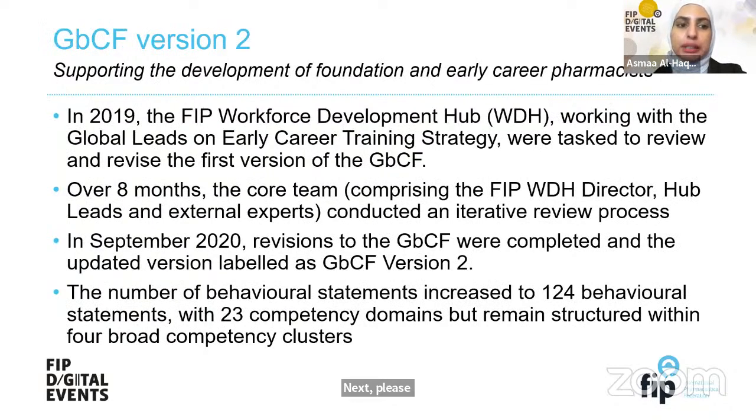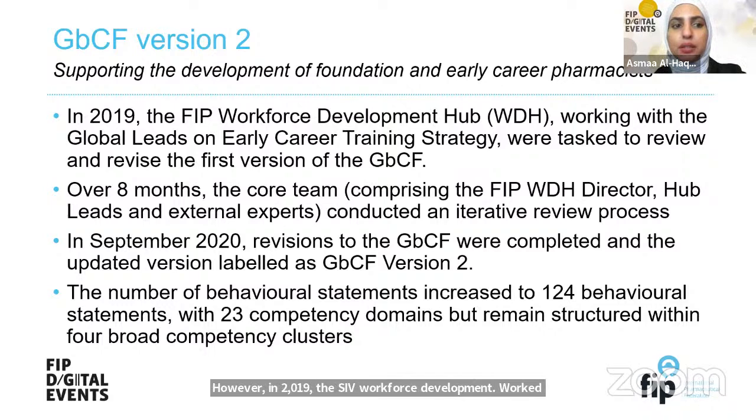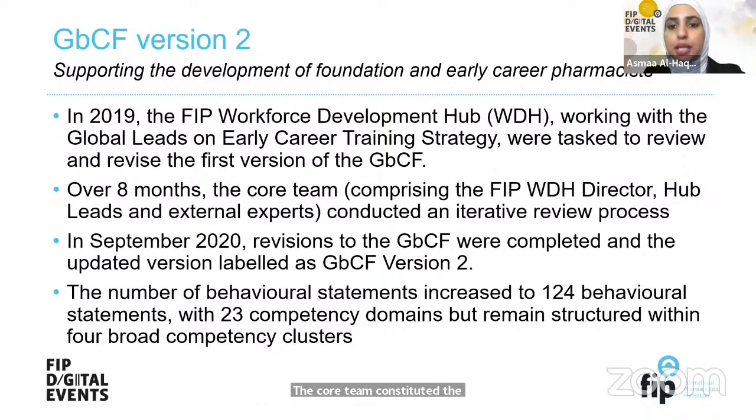However, in 2019, the FIP Workforce Development Hub tasked the global leads on early career training strategy to revise and review the GbCF, and the DG2 leads did an iterative review process over 8 months. The core team constituted the DG2 leads and also involved the FIP Workforce Development Hub Director and external experts as well.